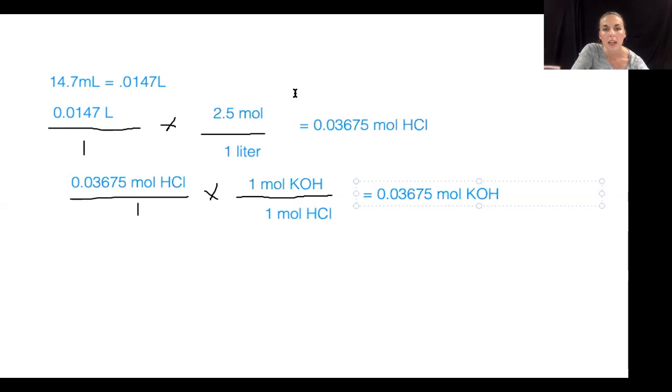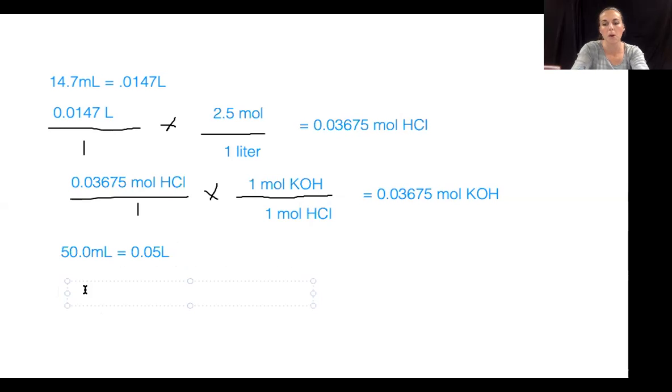So the amount that they give me is, let's see, 50 milliliters. So first I need to convert that to liters, so I have the right unit. So I have 50 milliliters. And that's going to equal, I'm moving the decimal back 3 places, 1, 2, 3, I'm going to add a 0, so 0.05 liters.